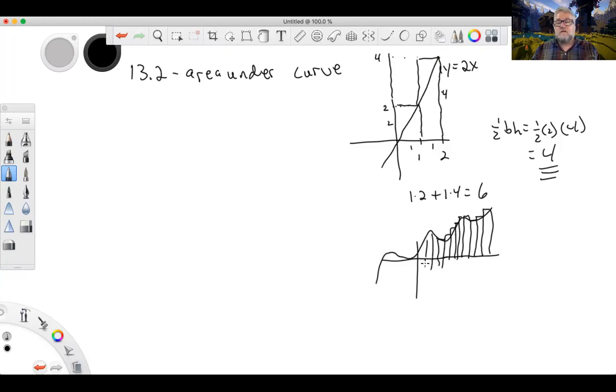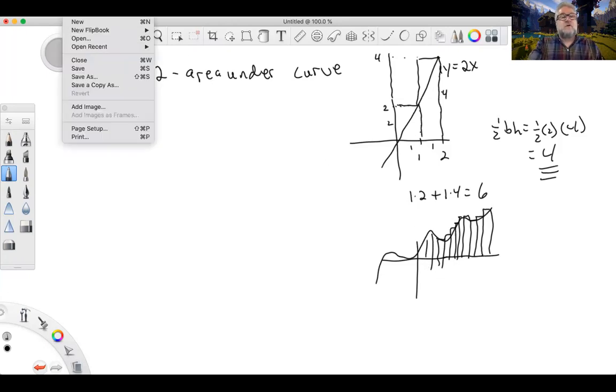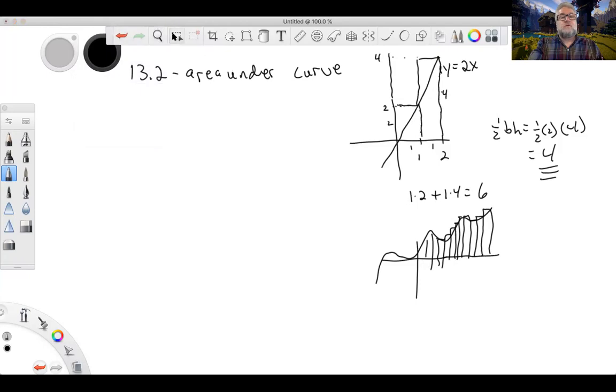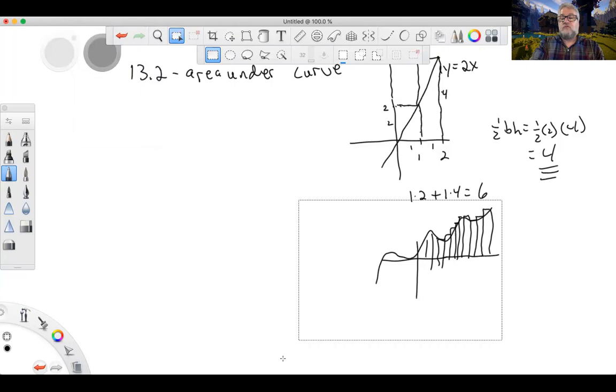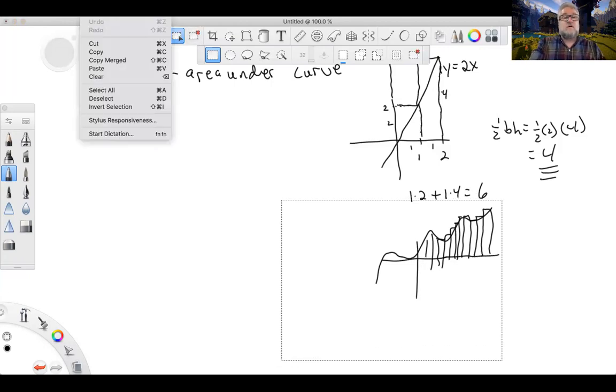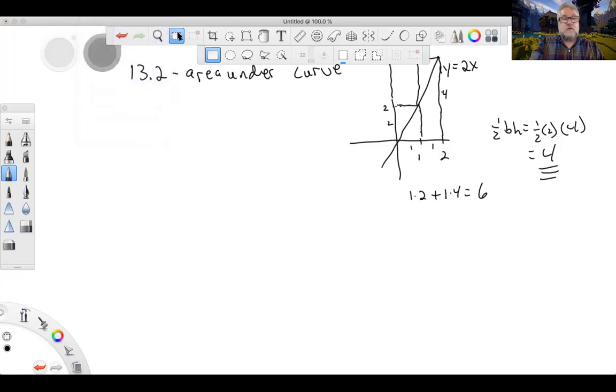You get the idea? So we can use rectangles to estimate the shape that we're trying to find the area under. And that's what we're going to do here.